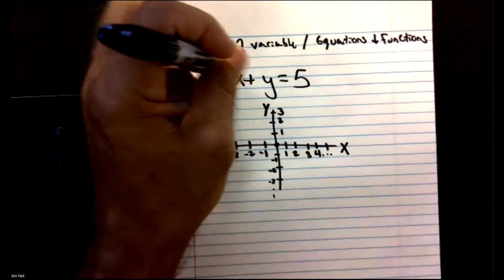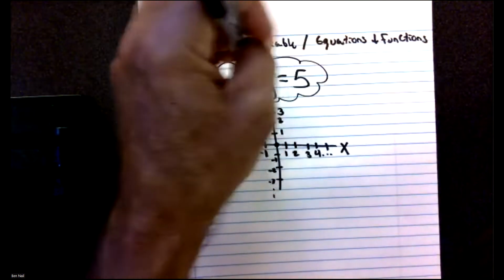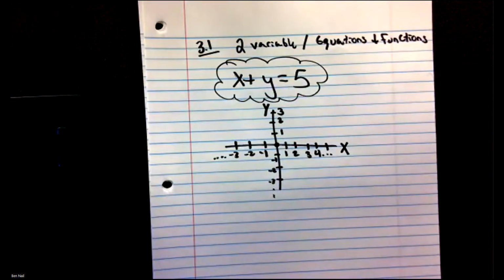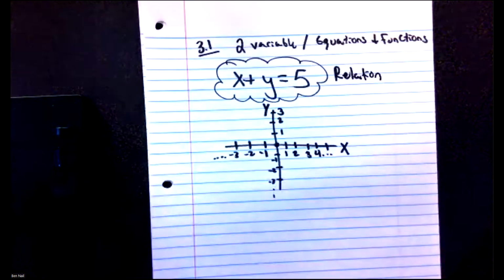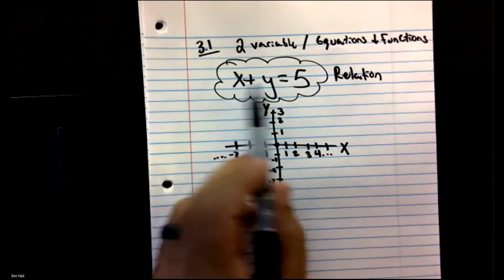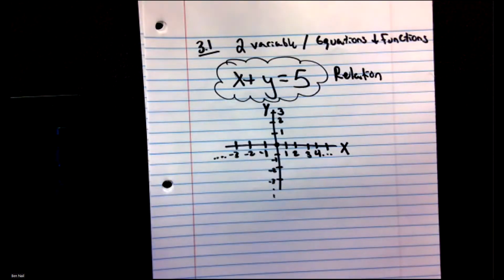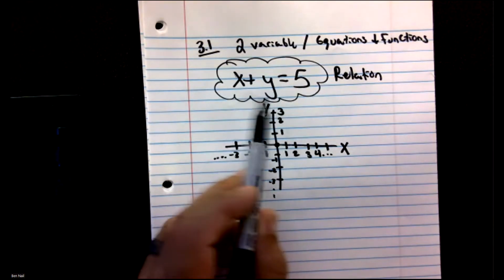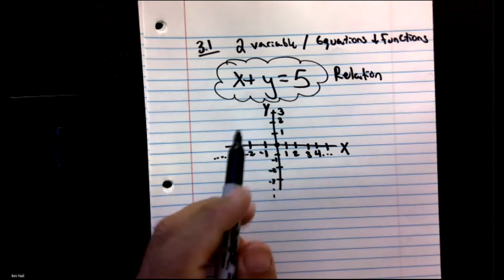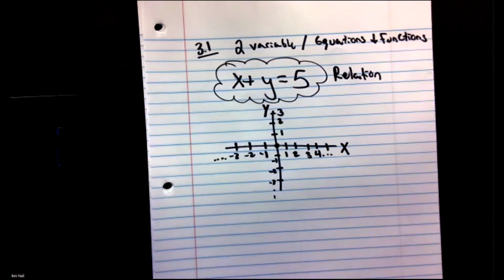Now, another name for this variable equation is a relation. Just because these two variables relate to each other, and that's pretty easy to see, we'll talk about some solutions to this, because once you have two variables which are related, you get an infinite number of possible solutions.